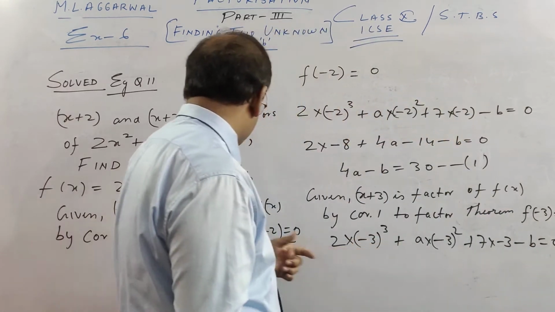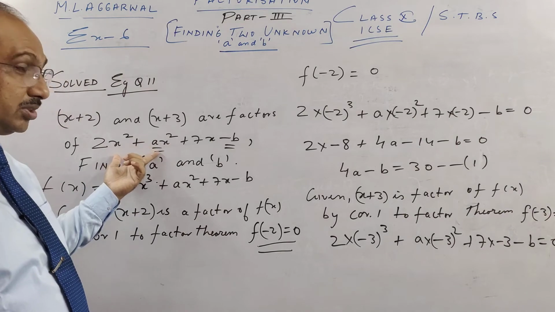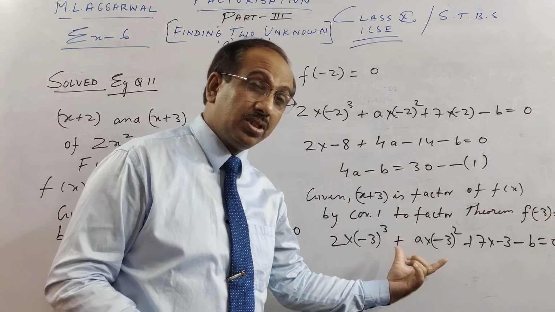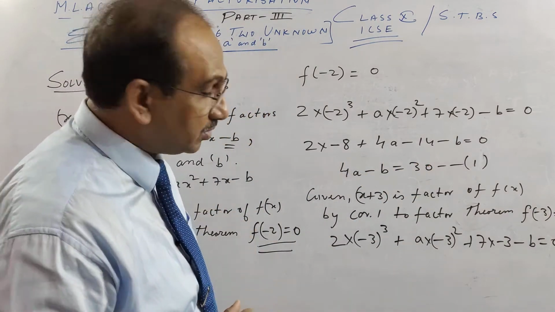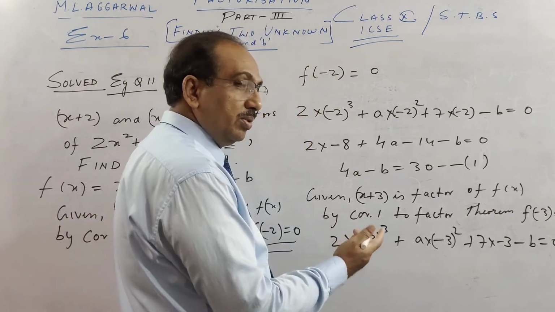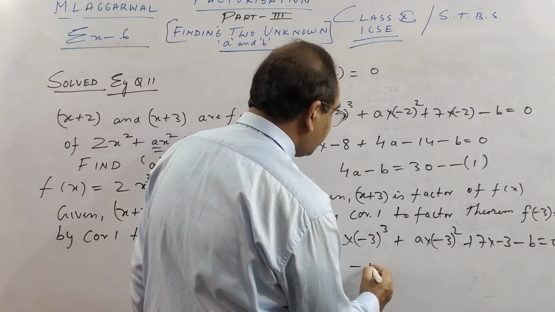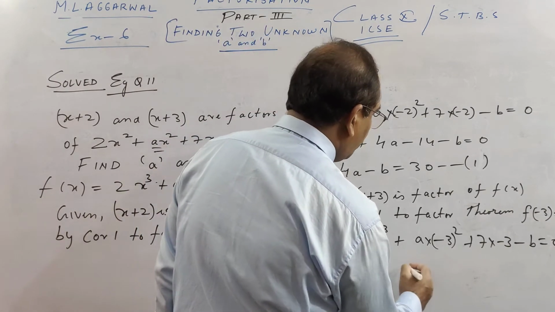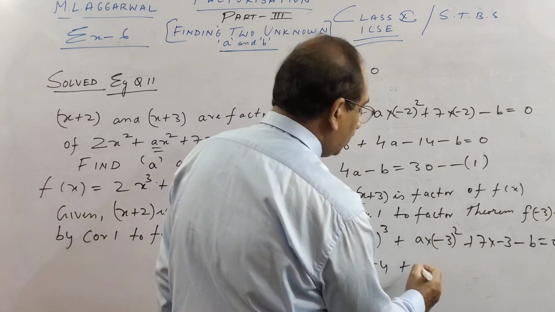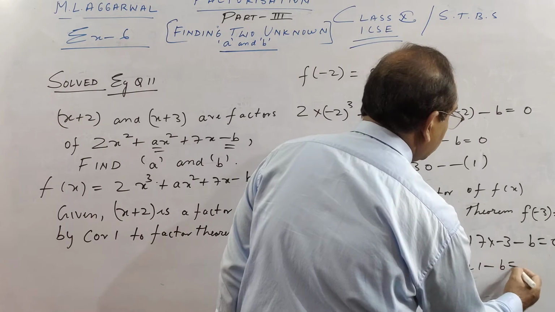So this is an equation. Remember, this is an expression which is not equal to 0, but when you put equal to 0, children, expression becomes equation. So here what do we get, children? (-3) cube is minus 27, 2 times that is minus 54, plus minus 3 into minus 3 is plus 9a, minus 21 minus b is 0.